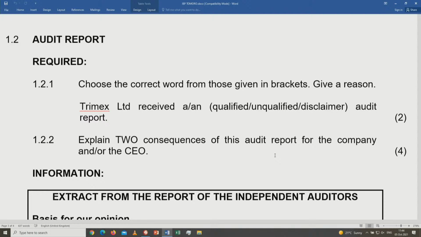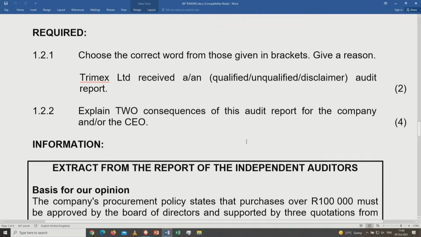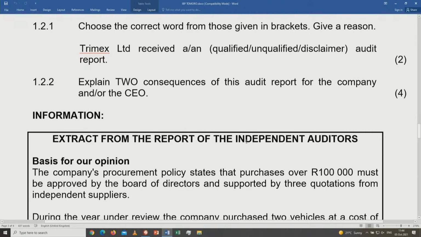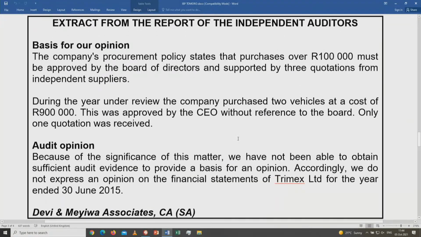Now let's quickly look at this question here. It says choose the correct audit opinion from those given in brackets, give a reason, and then 1.2.2 says explain 2 consequences of this audit report for the company or the CEO. Now let's look at the extract from the report of the independent auditors.